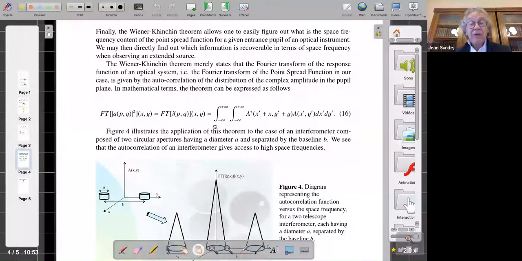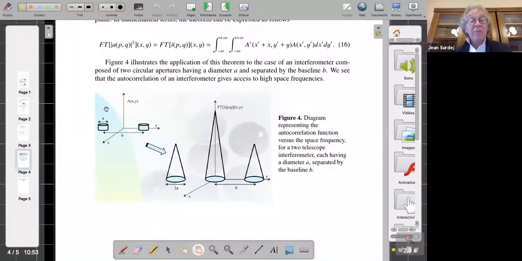Now to visualize this, we have represented here on the upper left side the distribution of the complex amplitude in the apertures of an interferometer consisting of two circular apertures, two cylindrical mirrors with a diameter A. And when you make an autocorrelation of these two, you just shift them along the y direction.